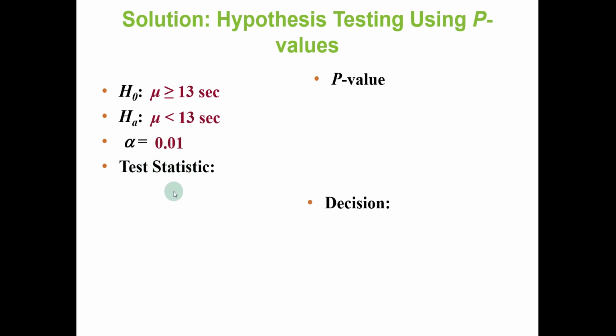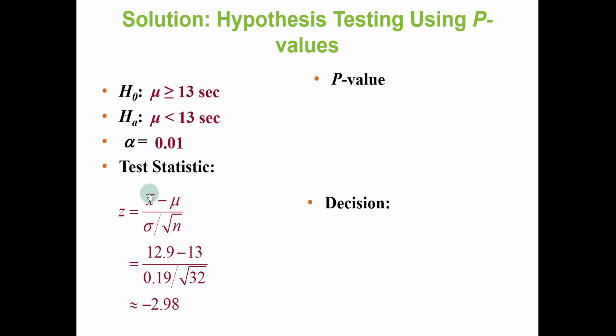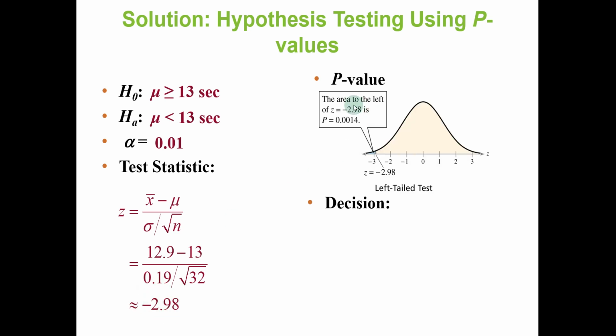Now you need to calculate the test statistic using the formula. This is your formula. When you plug everything in it, you end with that. If you now go to your table, you will be able to find the p-value. This is your p-value when you go to your table. So given that this is your z-score negative 2.98, if you go to your table, you'll find that the p-value is 0.0014.